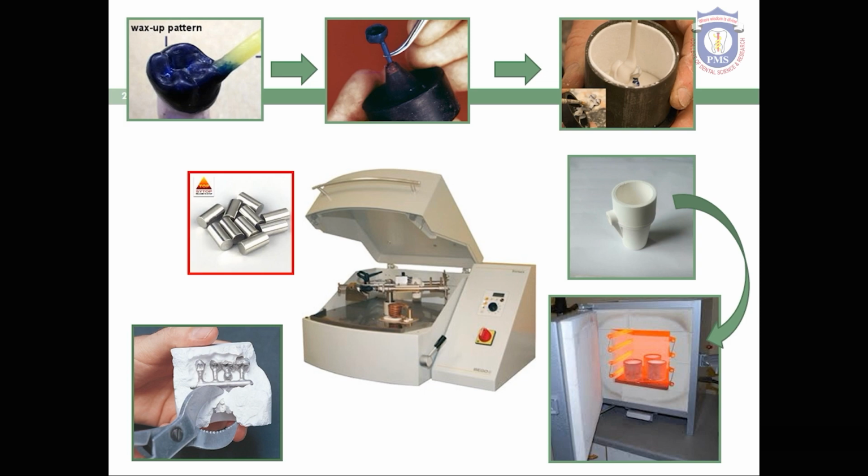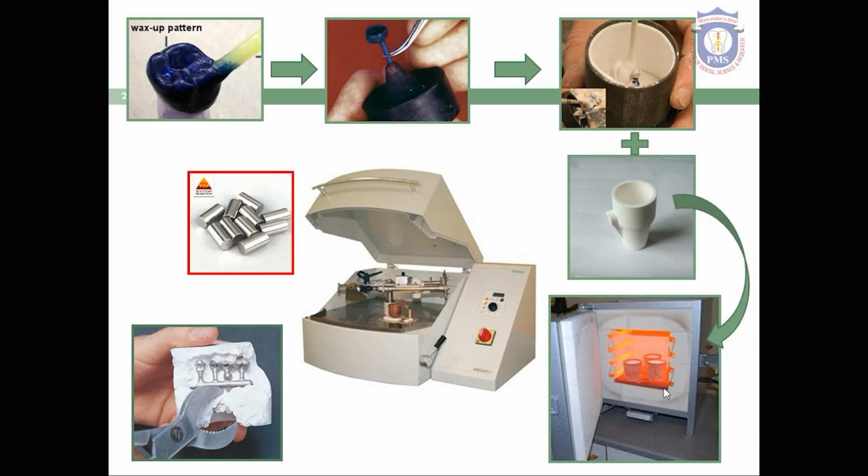Once the investment has completely set, you will take the investment along with this white apparatus that you can see, which is known as a crucible, and place both inside a machine known as the burnout machine.